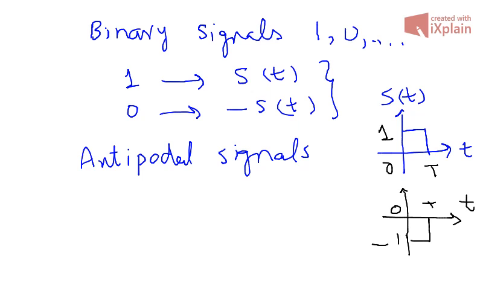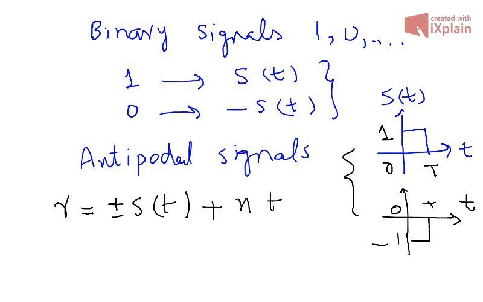So when you transmit the signals, we have seen that in binary phase shift keying, our signals are actually antipodal. They have opposite polarity. So if we choose the basic baseband antipodal signals, we would choose these two pulses. And in this case, your noisy received signal is equal to either plus or minus s of t plus the noise signal n of t.